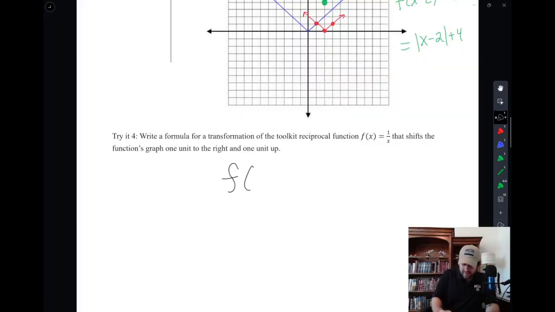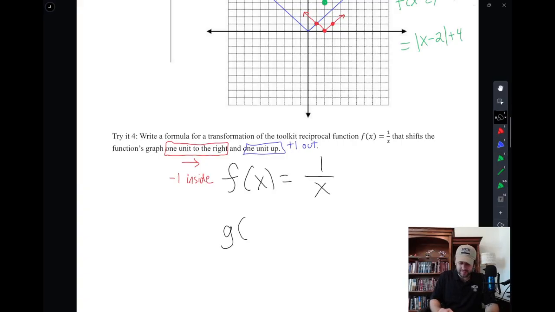So if we start with f of x equals 1 over x, and we need to shift it 1 unit to the right, so to the right means minus 1 inside, and 1 unit up means plus 1 outside.